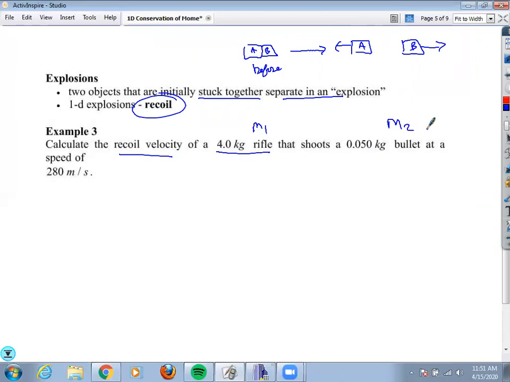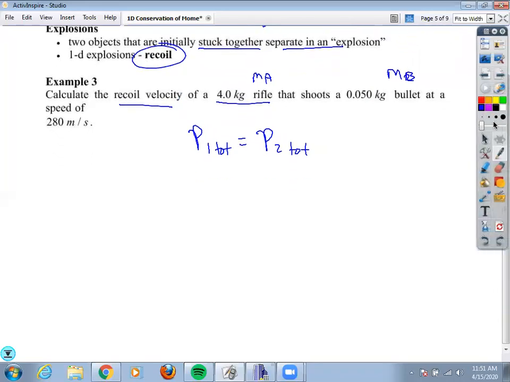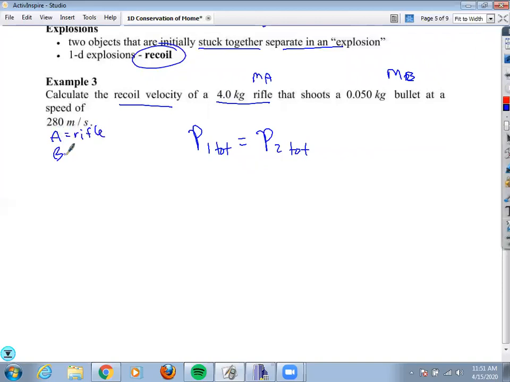Okay, so again, we begin with P1 total equals P2 total. And actually, we'll call the rifle A, and we'll call the bullet B. Sorry about that. I'm going to confuse you with the 1 and 2, because the 1 is initial and the 2 is final. So we have two objects, A is the rifle, B is the bullet.